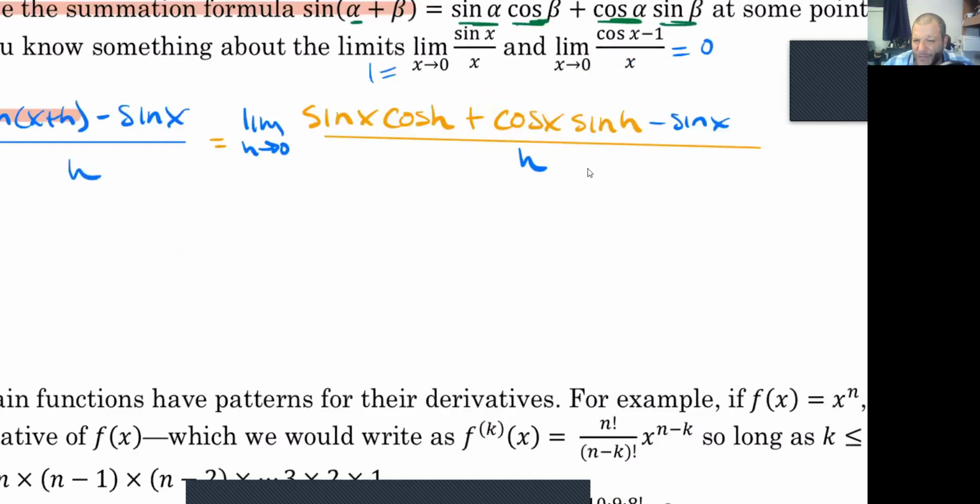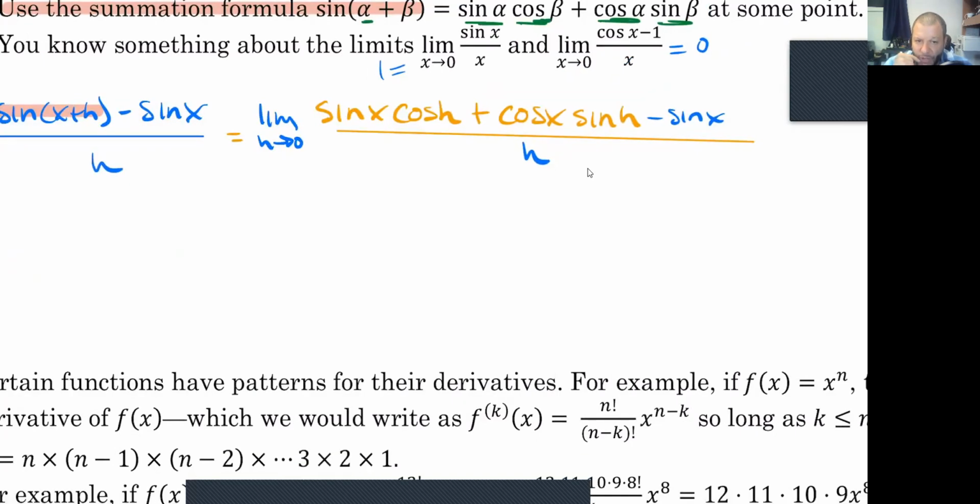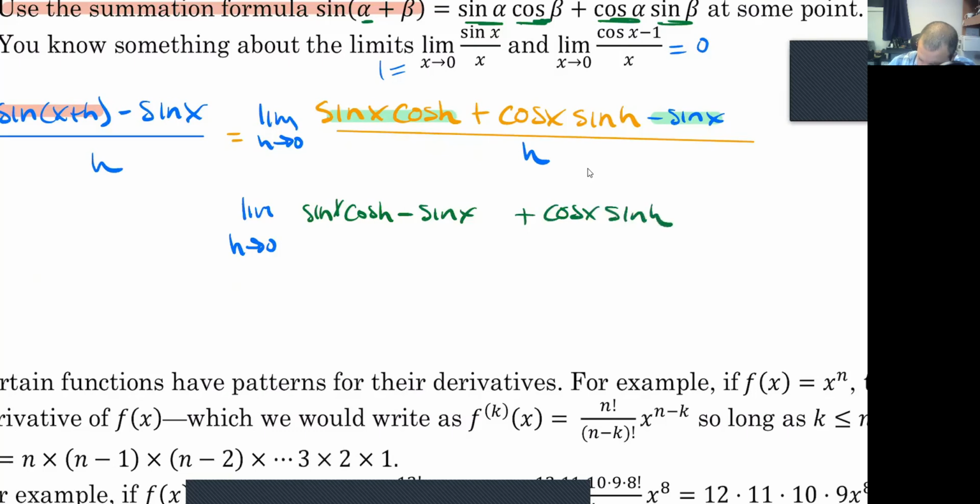So here we have a little bit of a sneaky way that we can rewrite this. I'm going to look at this as sine of x cosine of h minus sine of x. I'm going to group those terms together. I have this limit as h approaches 0 of sine of x cosine of h minus sine of x, I can group those things together, plus the cosine of x sine of h, all these things still over h.